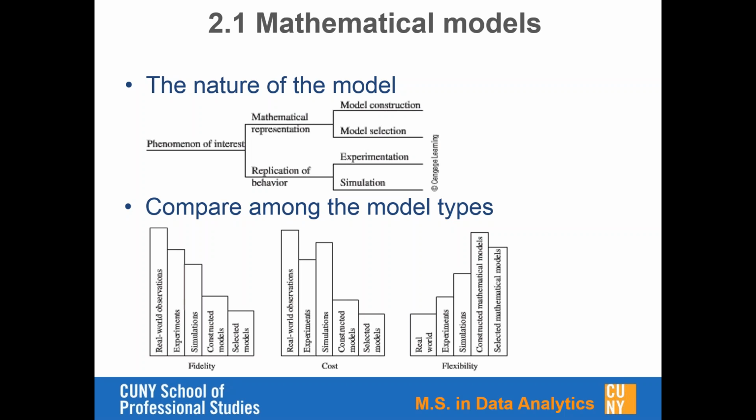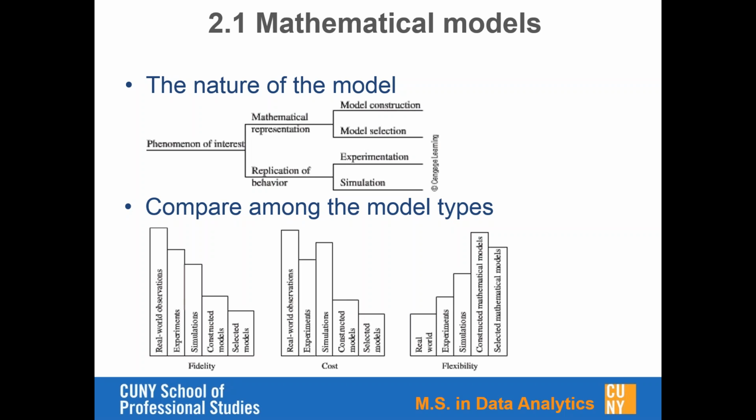And then let's compare among the model types. So we have many dimensions there, right? We can look at real world observations, which, if you think about what we just discussed, in terms of fidelity, are apparently more reliable if we have a reliable way to measure the data.